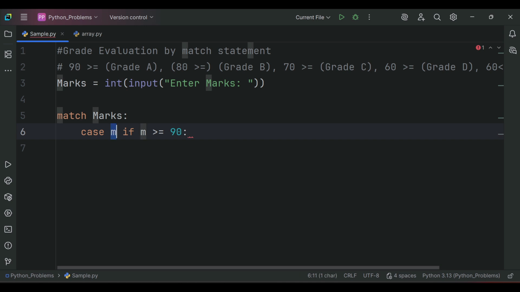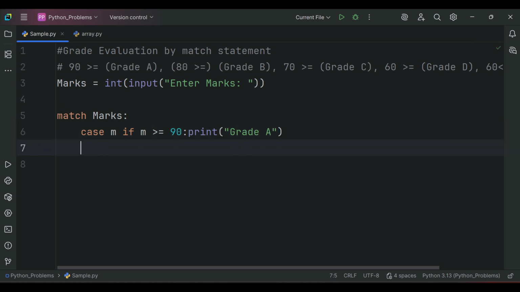Here don't write m is greater than or equal to 90, m is greater than or equal to 80, like that; it doesn't work. That's why, instead of that, you have to write like this. Here the matching case is m. If m is greater than or equal to 90, print grade A.